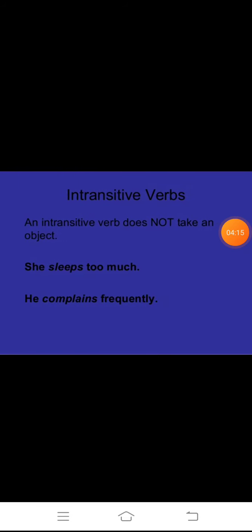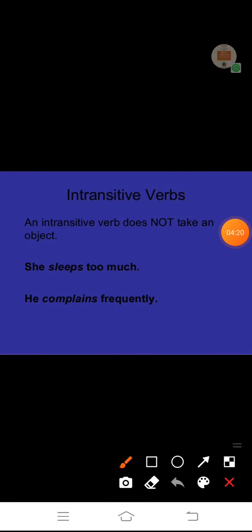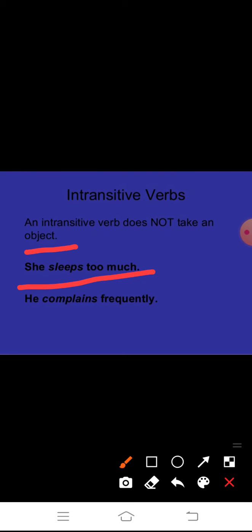Okay. Now we'll see the definition of the intransitive verb. An intransitive verb does not take any object. Like, she sleeps too much. She sleeps what? When we ask the question what, did you get an answer? No. She sleeps whom?